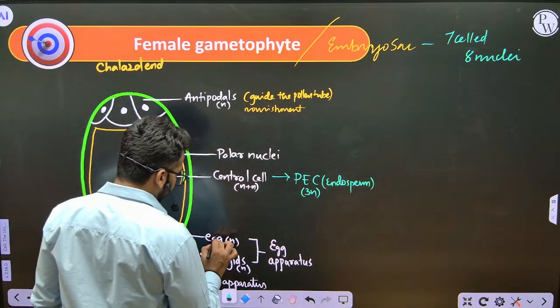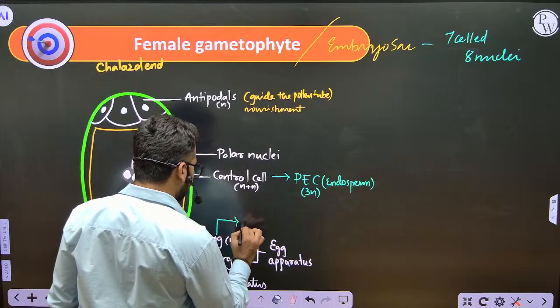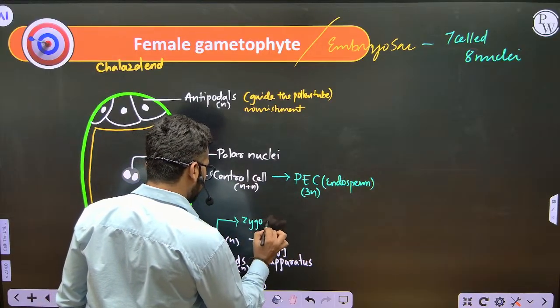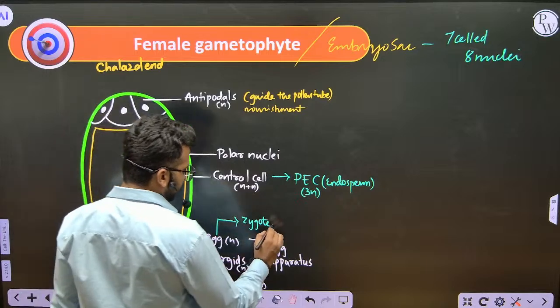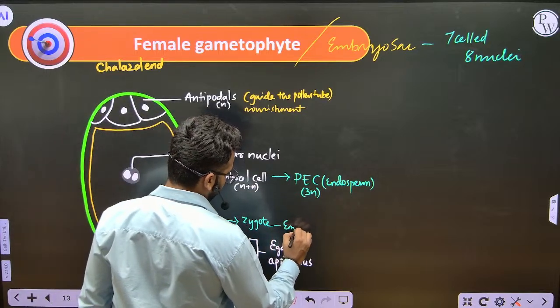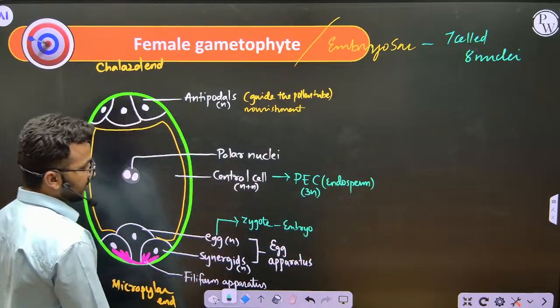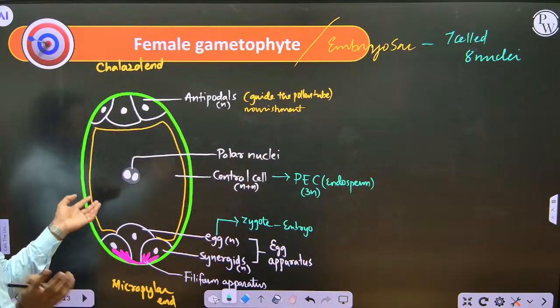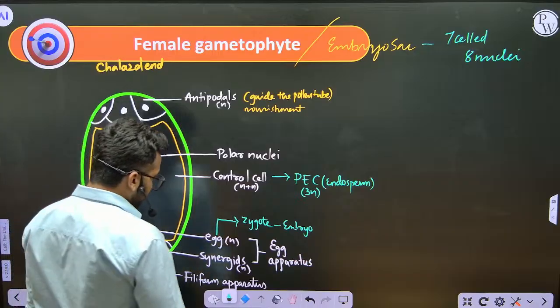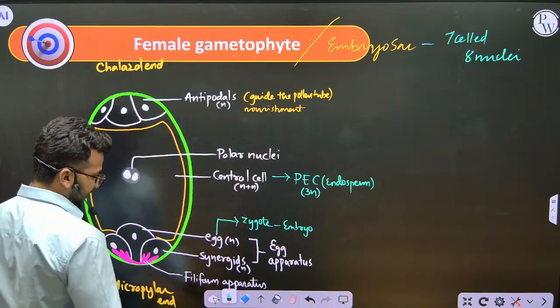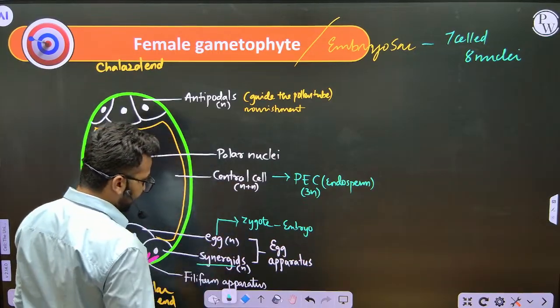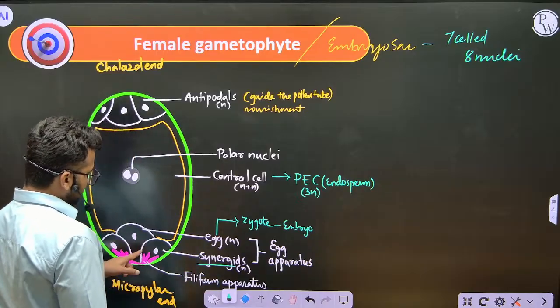The egg is here. The egg is going to form the zygote after fertilization. The zygote will form the embryo later, the embryo will form the seed, and the seed will form a new plant again. So this is the egg, and synergids are there. Synergids also help in guiding the pollen tube towards the egg.